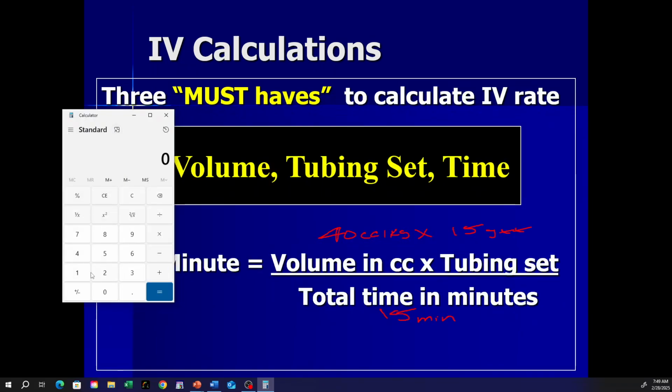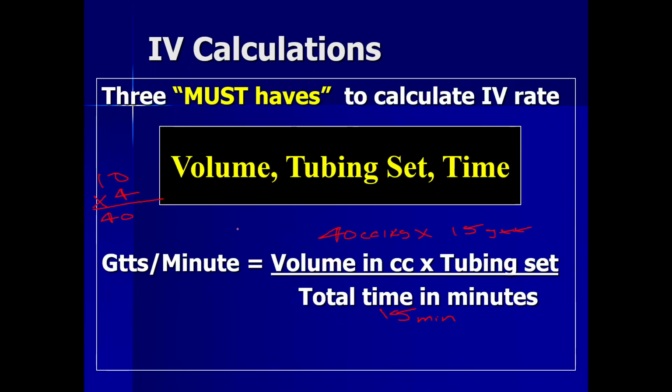So let's do the math here. 40 times 15 is 600. And we're going to divide that by 15.